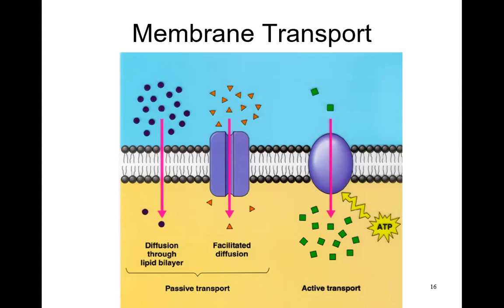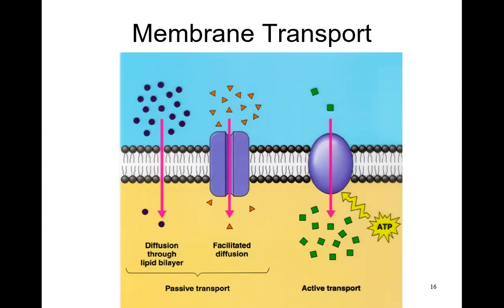Facilitated diffusion requires some help. Water can't go into a cell on its own. The cell membrane is made of fat. It's what we call a phospholipid bilayer. I'll get into that in the lecture, but it's a fat layer. And oil and water don't mix.